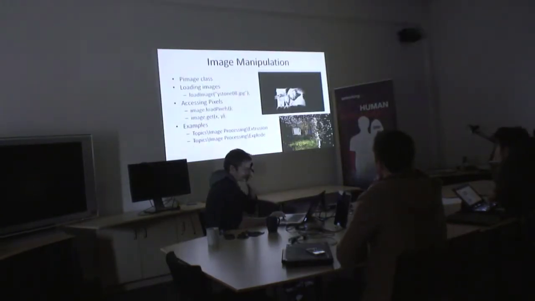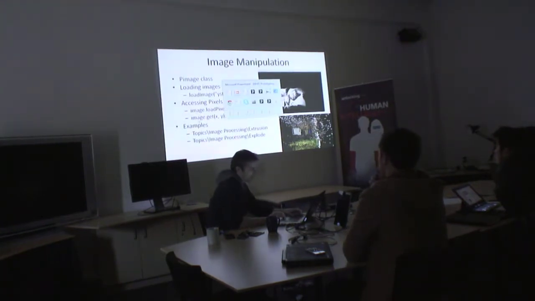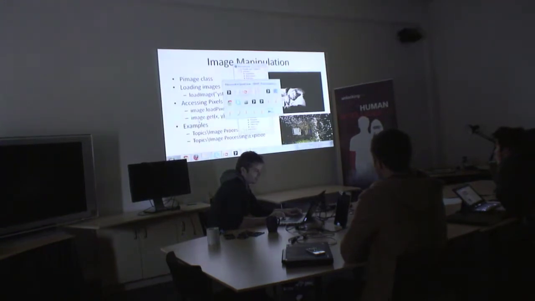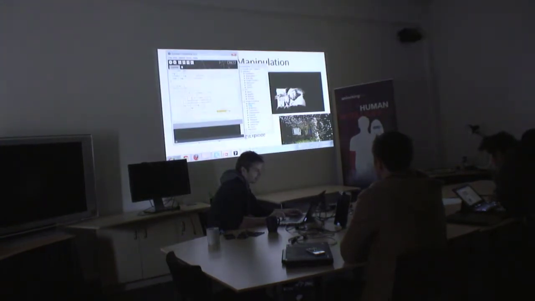There are two ways of accessing the pixels. We can use image.pixels, like we saw in this example, and specify what pixel location. Otherwise, we can do the same thing with image.get, where we specify the X and the Y location, which is potentially a little easier to understand than accessing it as an array, and works in exactly the same way.